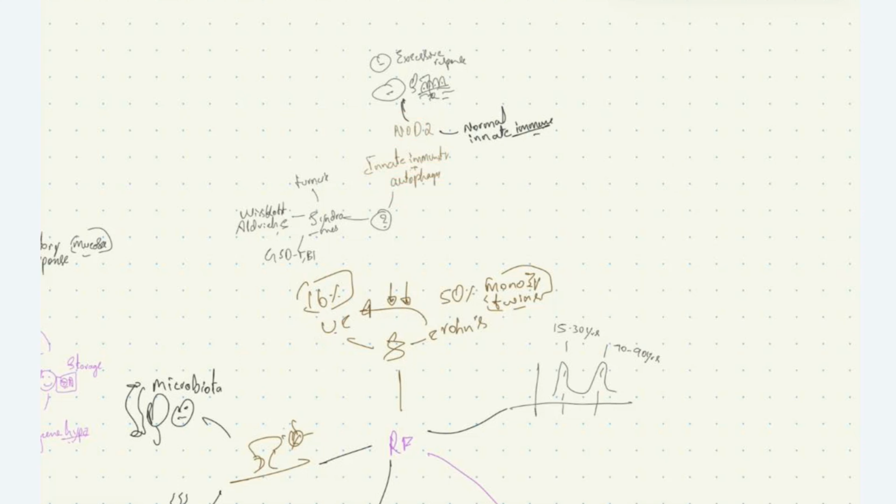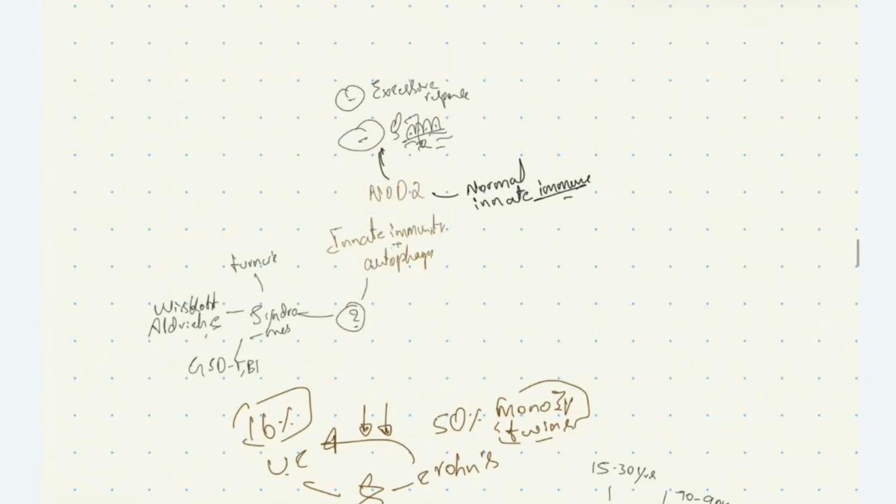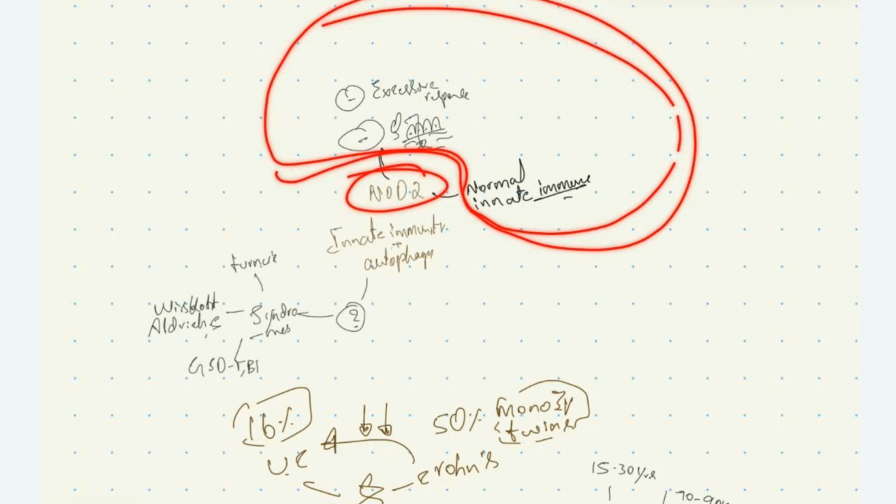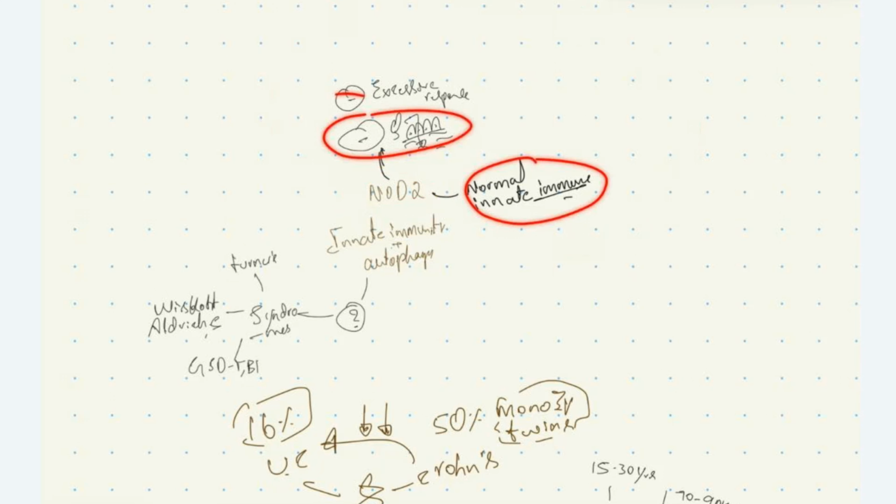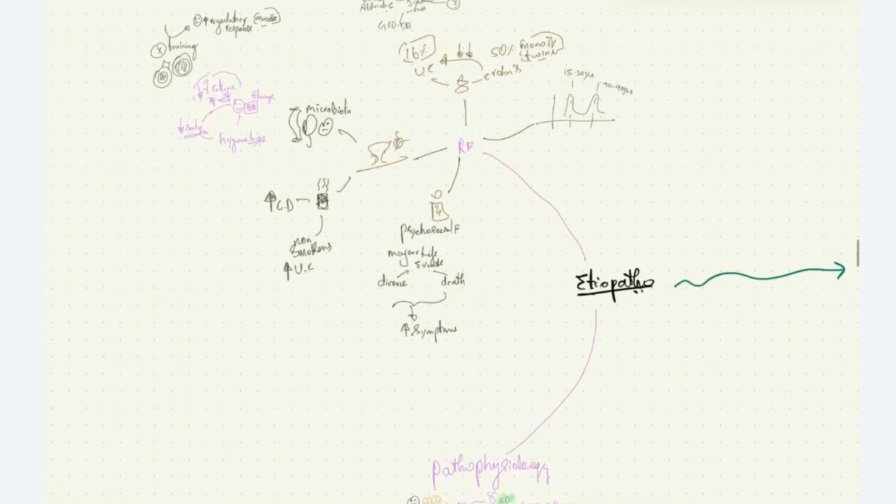The NOD2 gene is required for normal functioning of innate immunity, which is reduced in ulcerative colitis and Crohn's disease due to the NOD2 mutation. NOD2 normally prevents the invasion of bacteria into the GIT epithelium, and it also prevents the excessive immune response in the GIT. Due to this NOD2 mutation, there is impairment in all three functions, which we'll see when we discuss the pathophysiology of this condition.